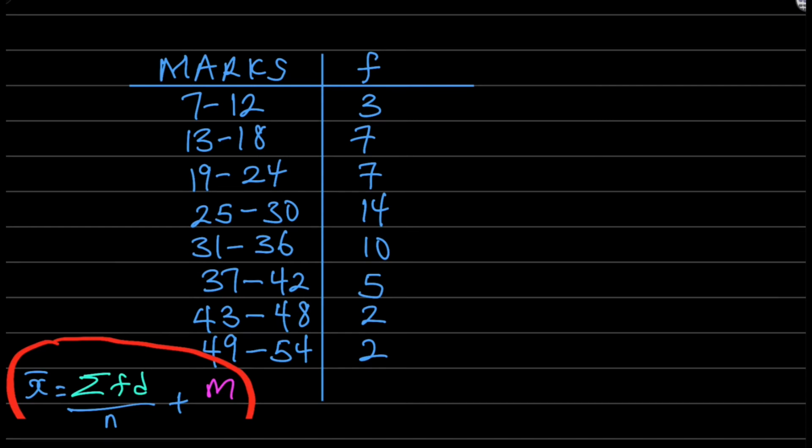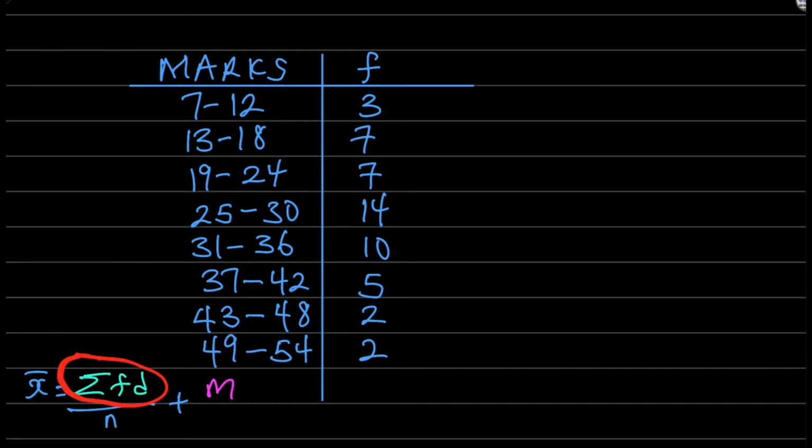Starting from what the formula says, the first thing you do is summation fd. Summation fd means summing up all the values of fd. So you must first get fd before summing it up. You compute fd, and then you sum up fd.